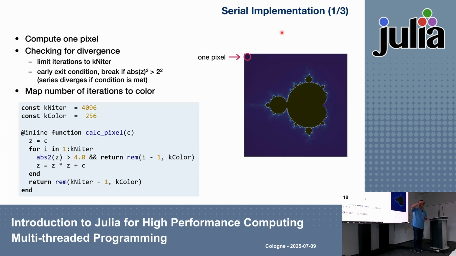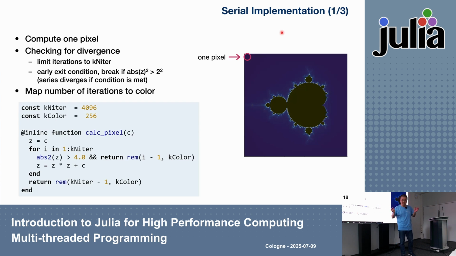If during the whole iteration the value does not diverge, then we say, okay, this value is in the Mandelbrot set. That is why here you have this for loop. But if this value diverges, it will return immediately the remainder of something.